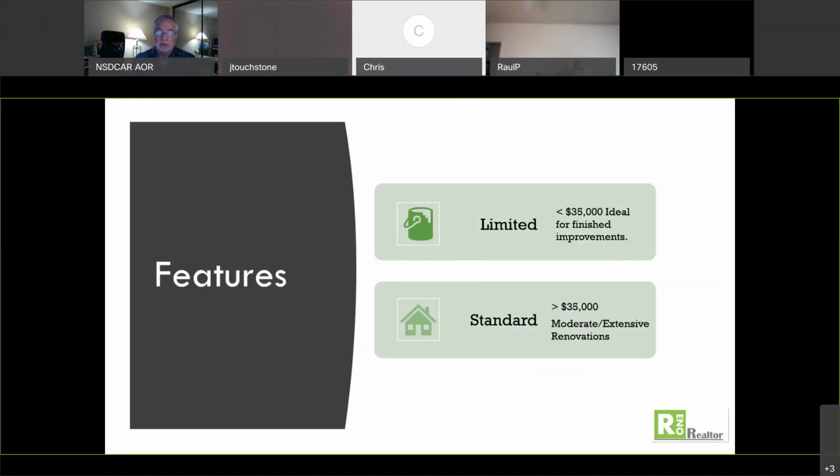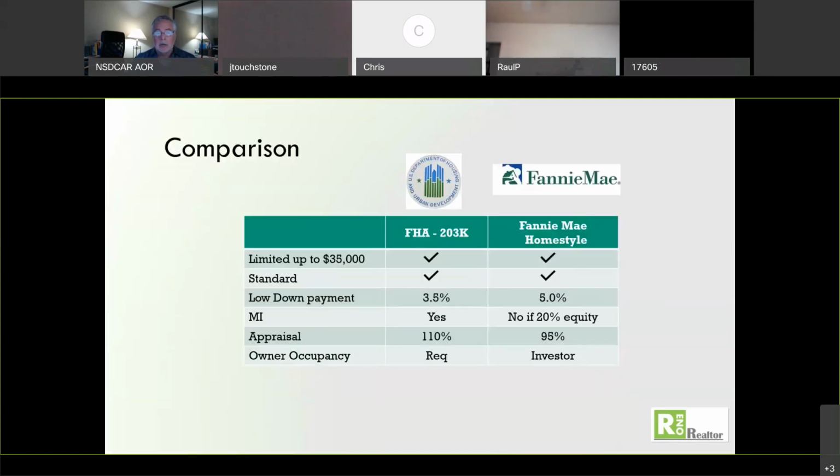And then the standard, which starts at $35,000 and goes based on the full loan amount. We are processing one right now, for an income property, where the construction budget alone is over $400,000.